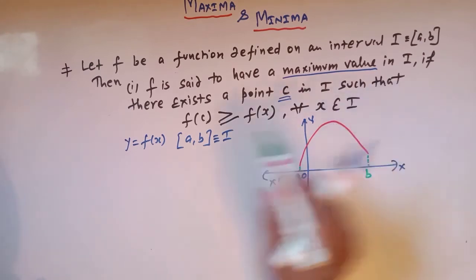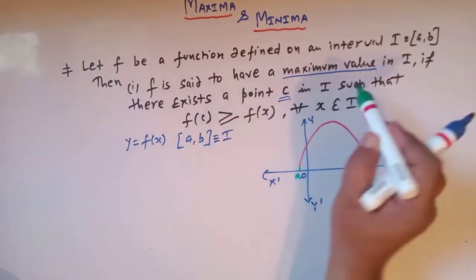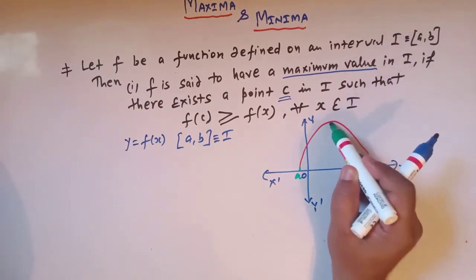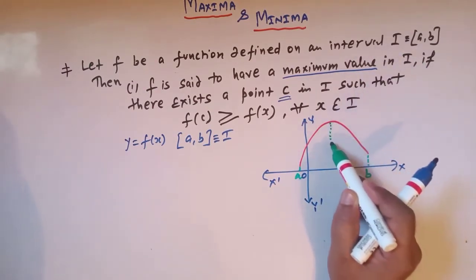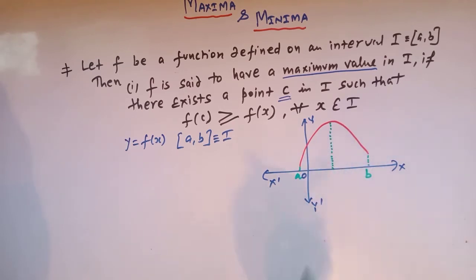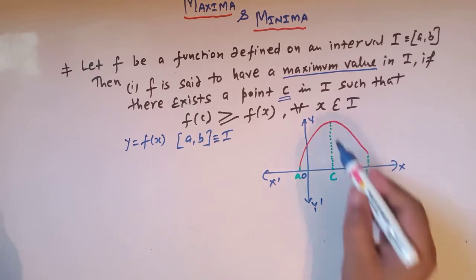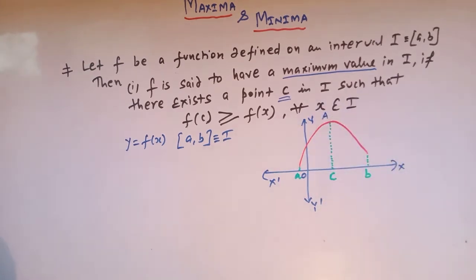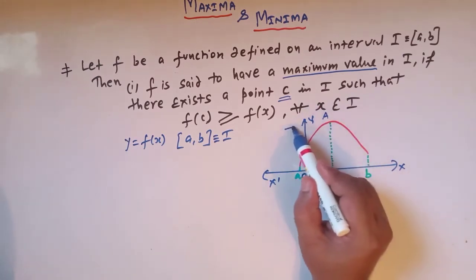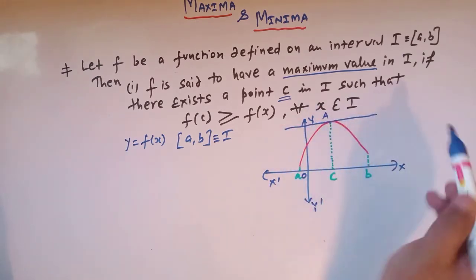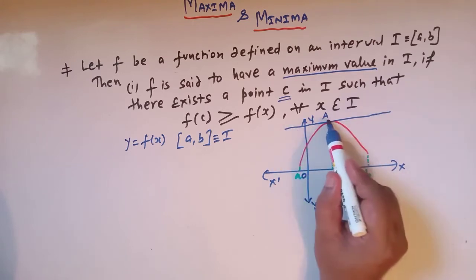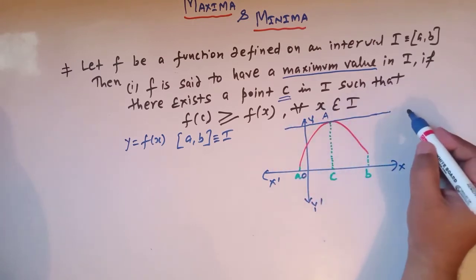Now f is said to have a maximum value in I. So we see that this point is C. Say this point is A, and if we draw a tangent here, we see that this point A is a turning point.